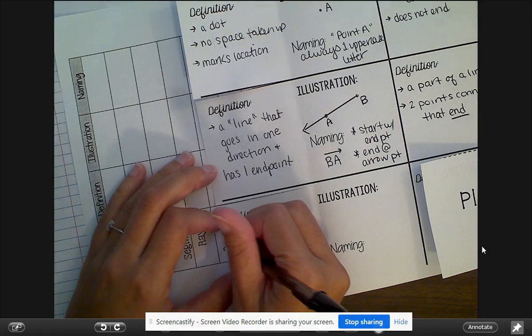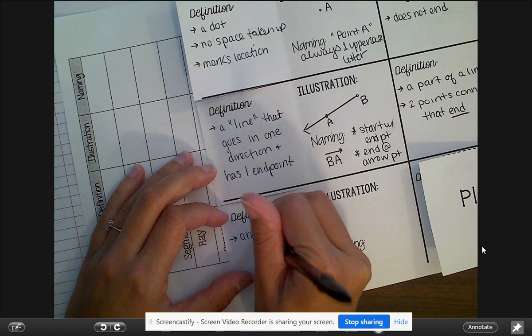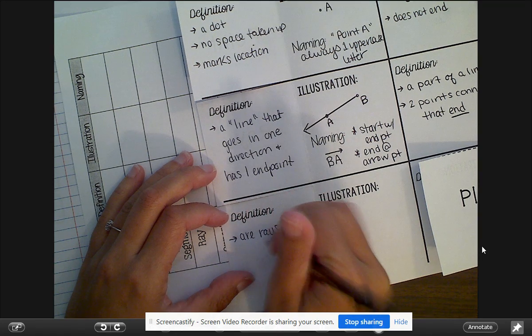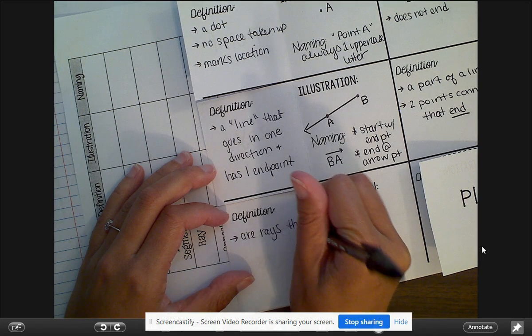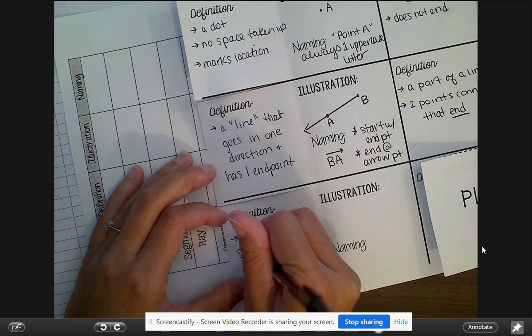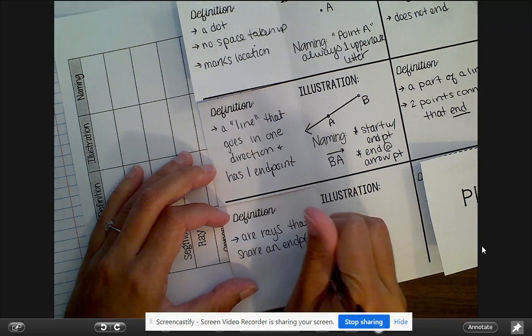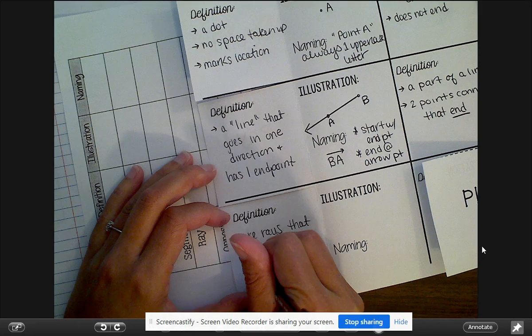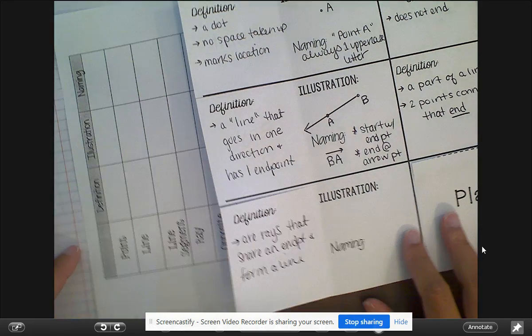So definition, again, kind of hard to define, but opposite rays are rays. So you have to understand what a ray is, but they are rays that share an endpoint and form a line because they'll go in complete opposite directions.